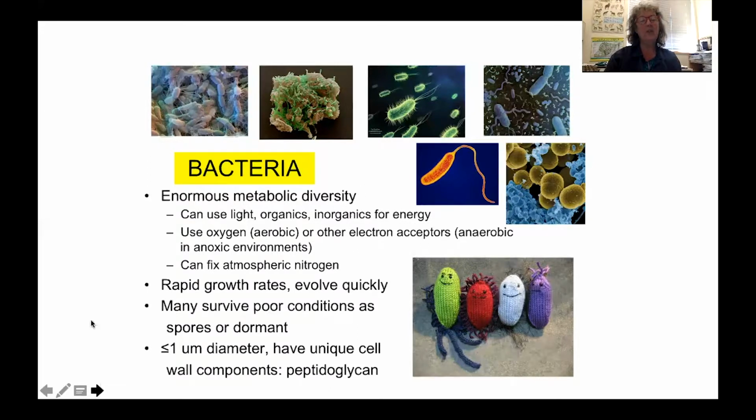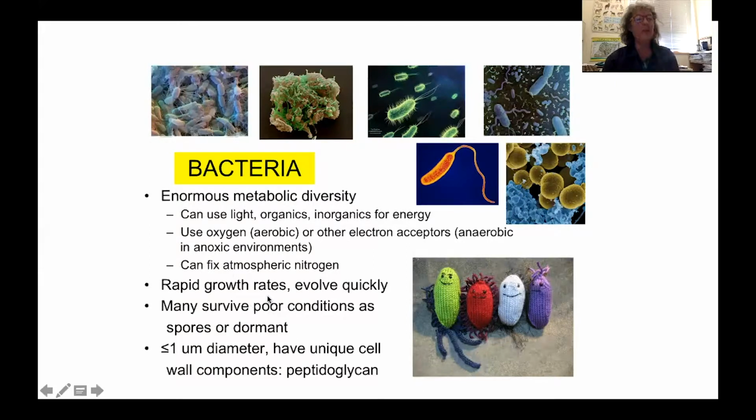They can live with or without the presence of oxygen. Some of them can fix nitrogen out of the atmosphere. They grow really rapidly. They evolve really rapidly. Not all of them, but a lot of them can adapt really quickly to conditions. Some of them are quite good at surviving really poor conditions. They can make spores, so they can just become dormant.